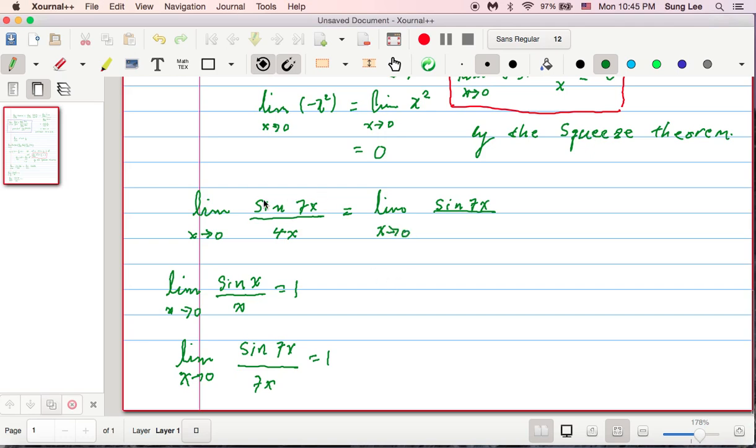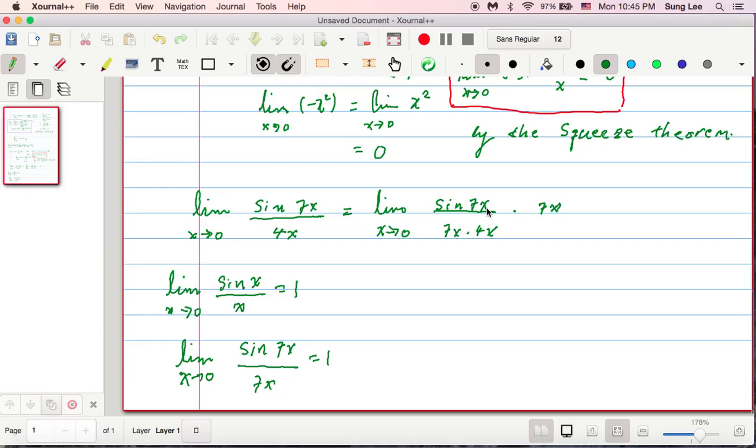I'm going to multiply the numerator and the denominator by the same number, or in this case actually, the same angle, 7x. So 7x times 4x, and also here I have to have a 7x.